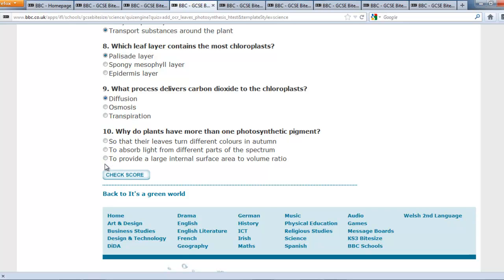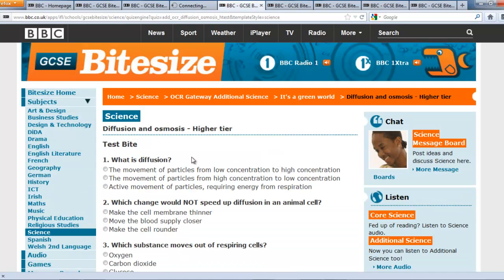Why do plants have more than one photosynthetic pigment to absorb light from different parts of the spectrum? If they only absorbed blue light, then they obviously wouldn't be absorbing a lot. If they only absorbed red, same story. Check score. And next, test back.